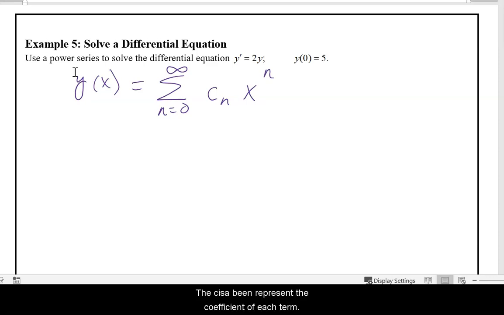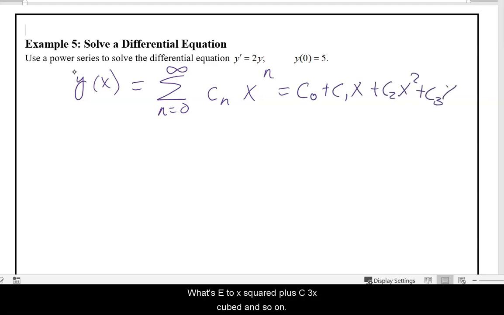The c sub n represent the coefficients of each term. I don't know what the coefficients are yet. That's why they have to remain c with a subscript of n. In this case, however, I can expand it and write out some of the terms. This would be, of course, c sub 0 plus c1x plus c2x squared plus c3x cubed, and so on.